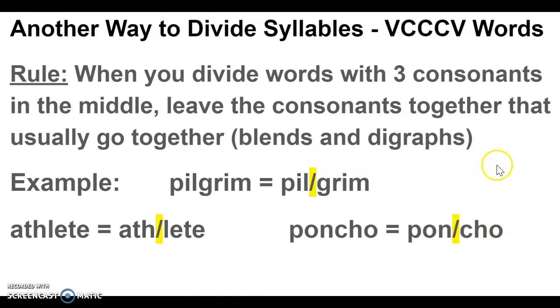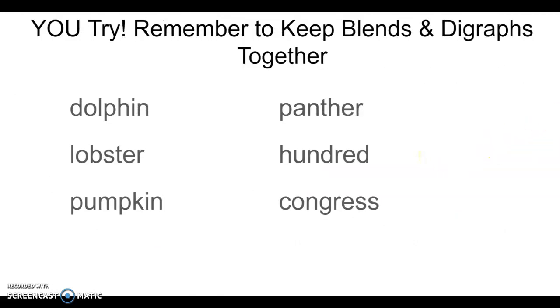Okay, so just remember the rule that when you have 3 consonants in the center, when you decide where to divide it, you keep the blends and digraphs together. Just keep that in mind when you go to try the rest of this, because we're going to talk about these a little bit.